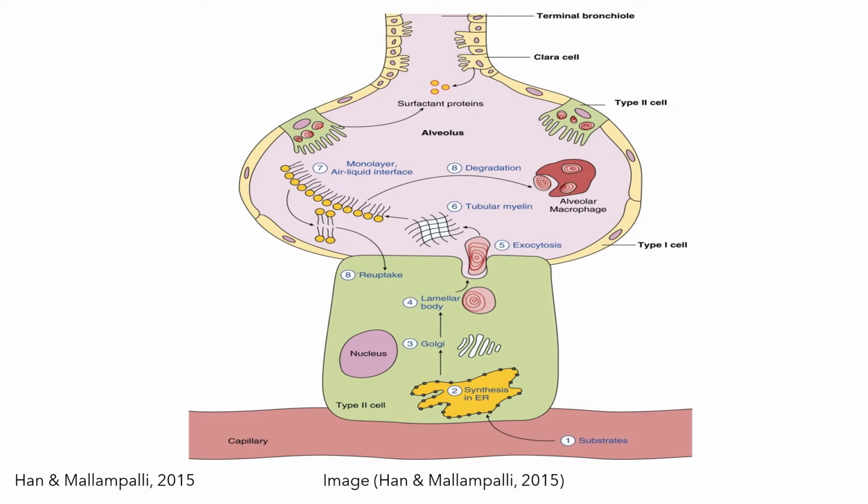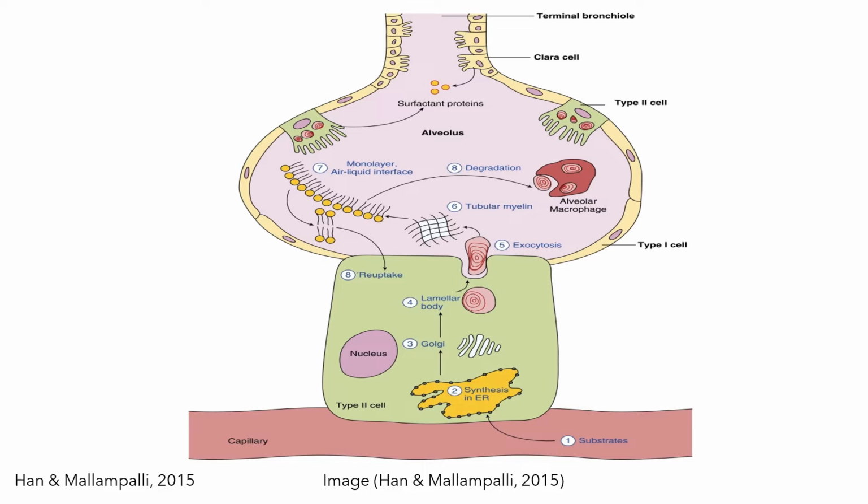This slide is showing you a picture of how surfactant is made in the cell. Surfactant starts down here in the capillary, and it goes into the rough ER, because it has ribosomes on it.